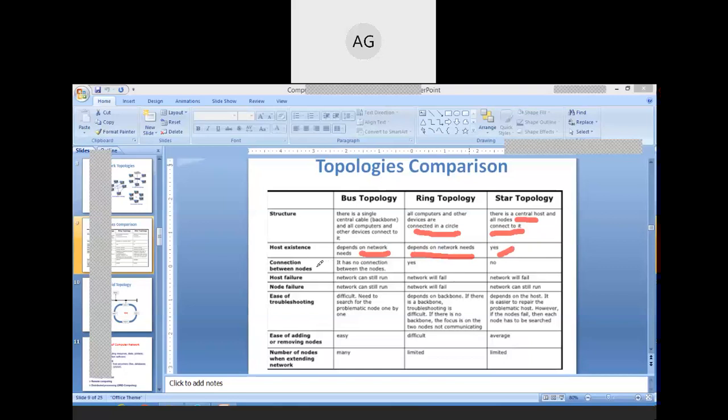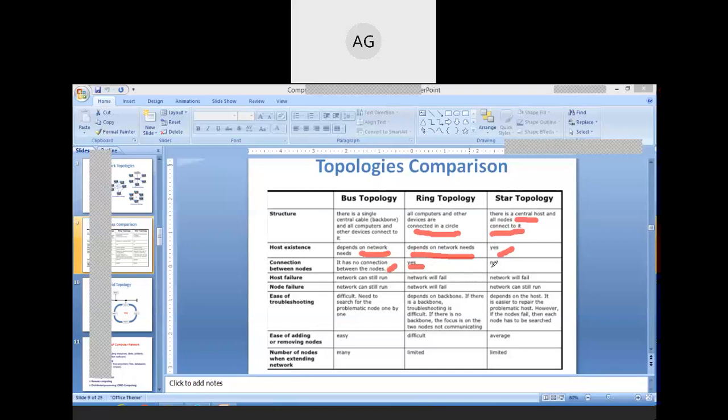The third point of difference is connection between nodes. In the case of bus topology, there is no connection between the nodes, because all the computers are connected to a backbone cable, and there is no dedicated connection between two computers. In the case of ring topology, one system is connected to its left neighbor and its right neighbor, so there is a connection between the two computers.